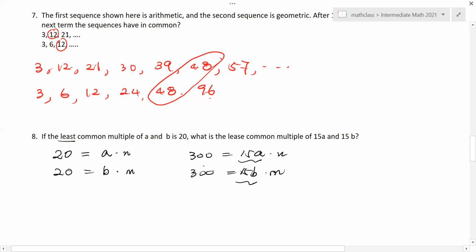It's clear that the least common multiple of 15A and 15B is going to be 300, and you cannot get a smaller one than that.